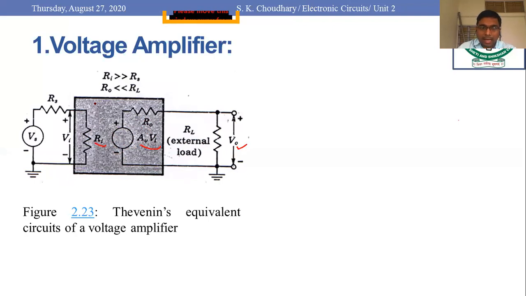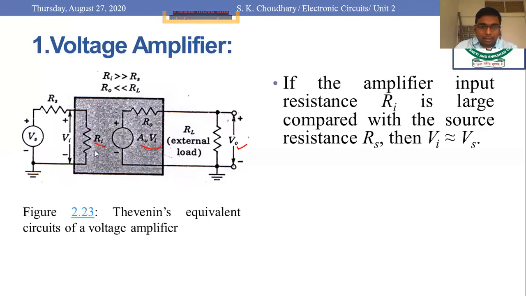In this diagram I have encircled some sections comprising Ri, AV*Vi and R0. These are the internal components of any amplifier, and Rs, RL, Vs are external connections to the amplifier. They are not actually part of the amplifier, but they would be connected.